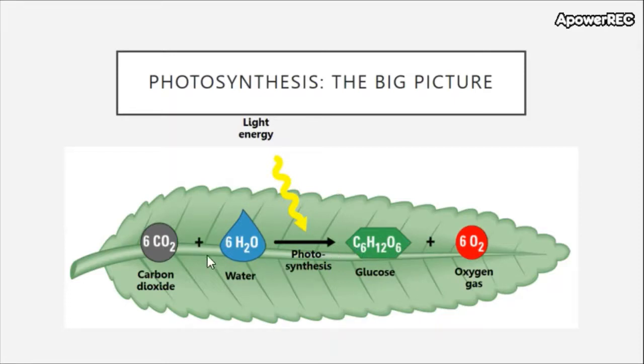Let's do our hydrogen next. There are no hydrogens in CO2. There are 2 in water, and there are 6 water molecules. So 6 times 2 is 12. If we look to the right side of the equation, we see there are no hydrogens in oxygen, and there are 12 hydrogens in glucose.